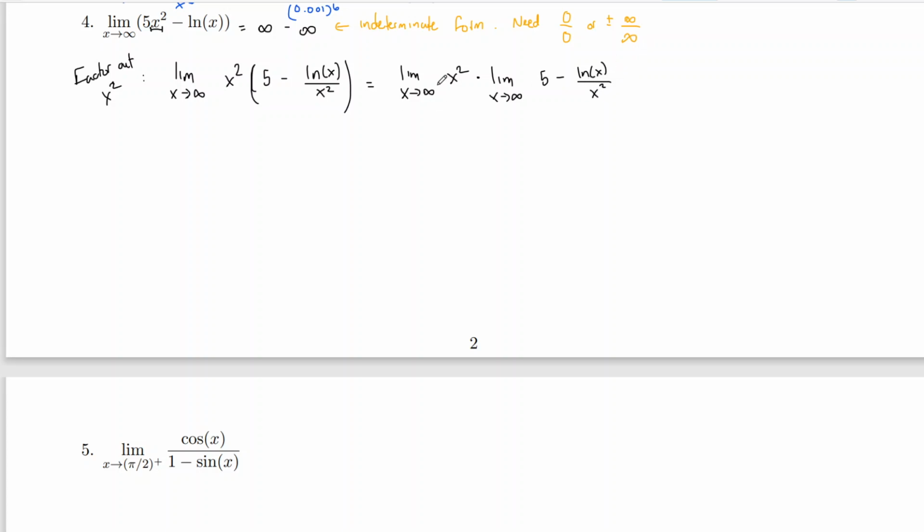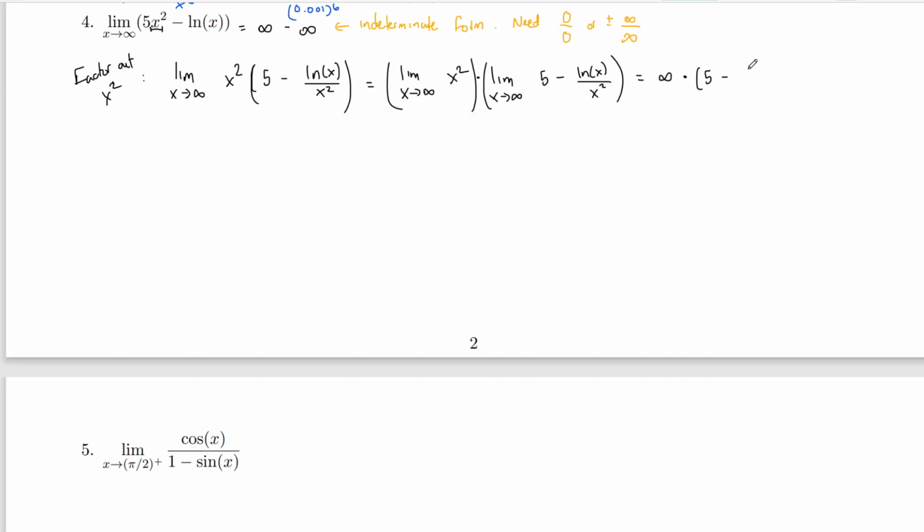All right, so let's go ahead and do that. I'm going to put these in parentheses individually because we know we're doing the limit of each part. Well, now the limit of x squared as x goes to infinity is infinity, times the limit as x goes to infinity. Actually, let me go ahead and not write that because we're going to evaluate it. We have parentheses 5 minus, and the limit as x goes to infinity.